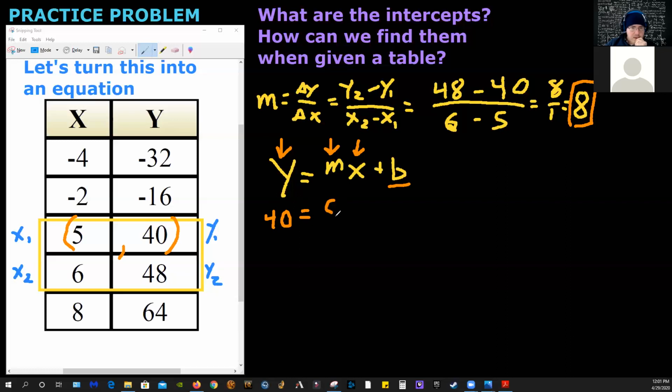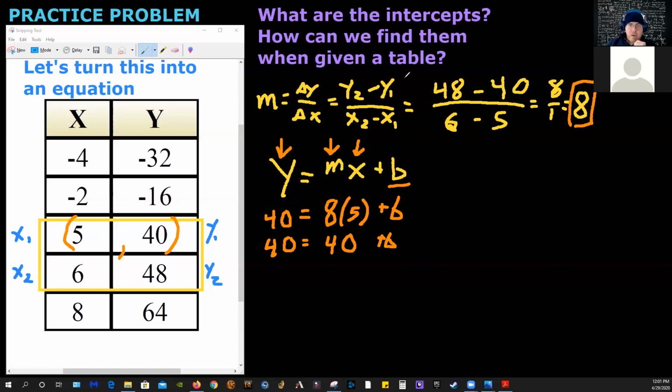Our slope is 8. Our x value is 5. Right? So x value is 5. Okay. So that means that 40 is equal to 40 plus b.